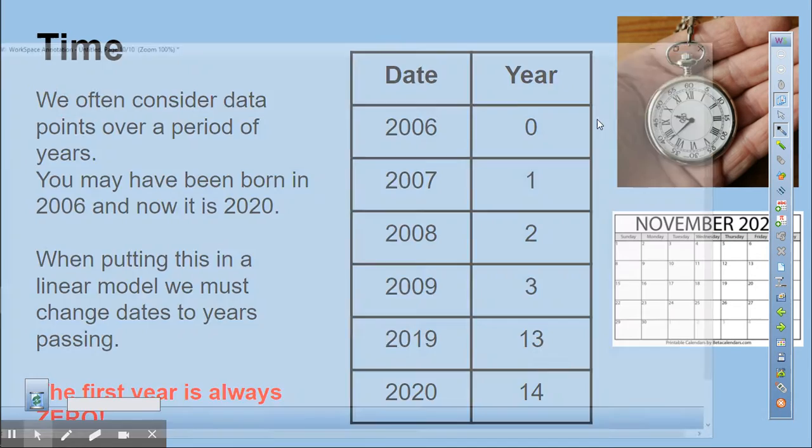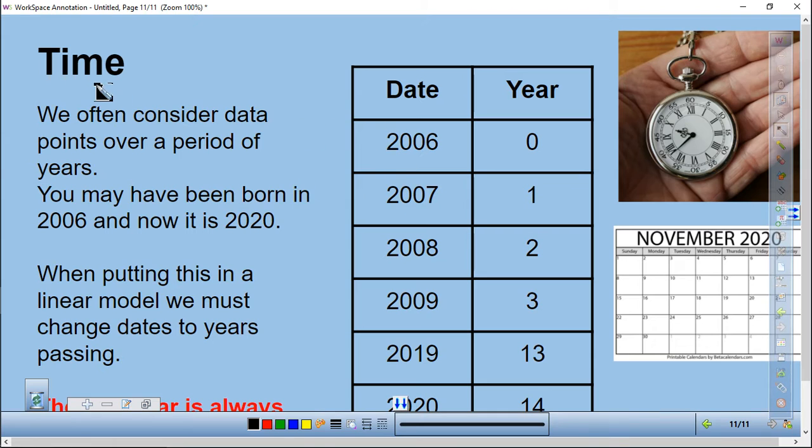I want you to understand that we have to consider time from a different perspective when we're plugging time into a mathematical equation. You may have been born in 2006, but mathematically, we consider that year 0. 2007, we consider year 1, and so on down the line until the present day.